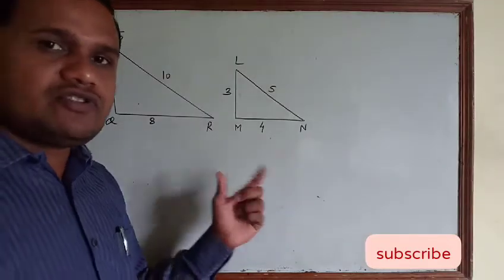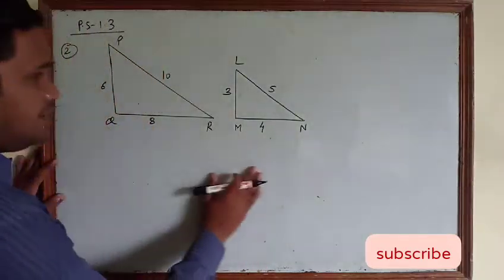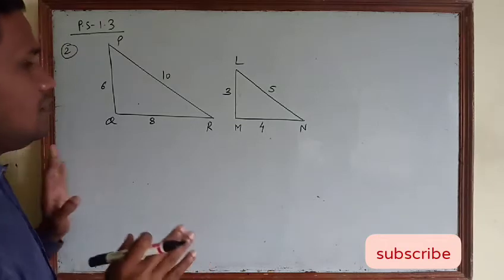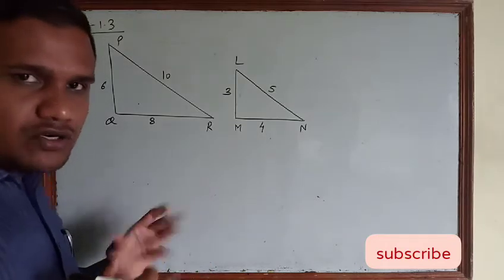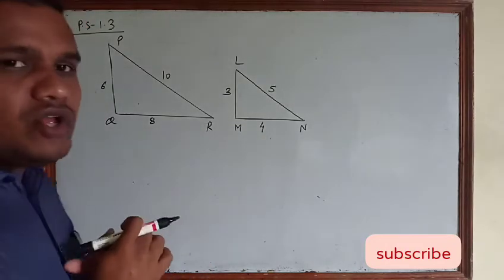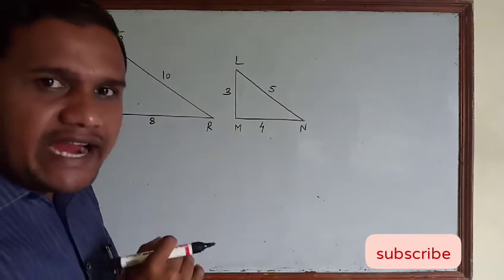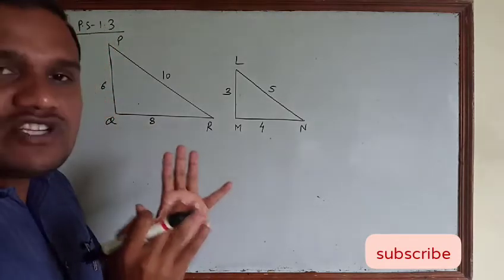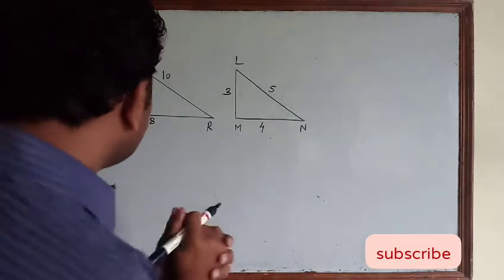Okay students, now we will solve the next question. See, in these two triangles we have to check whether they are similar or not. If we see the figure, we don't have any information about the angles. Simply some measurements of sides are given. So let us check the sides.